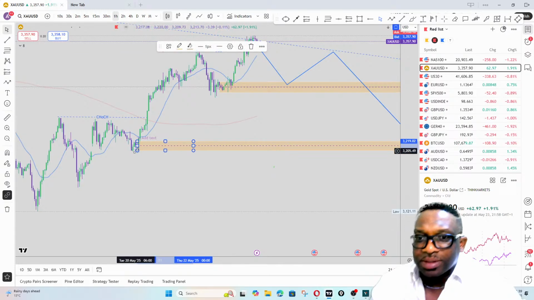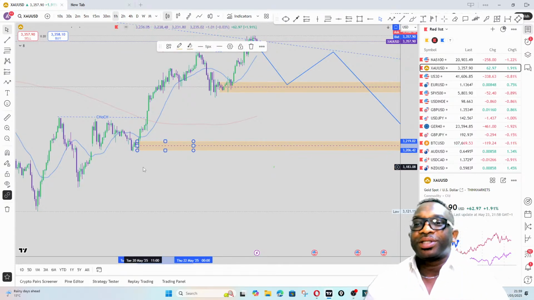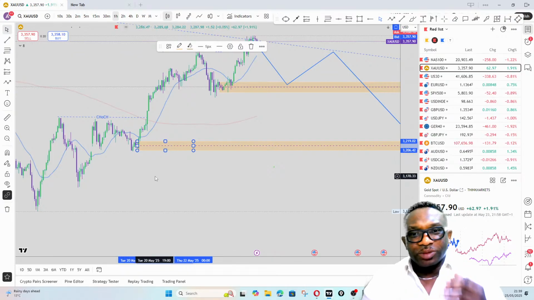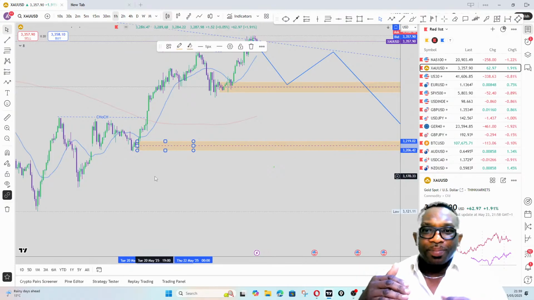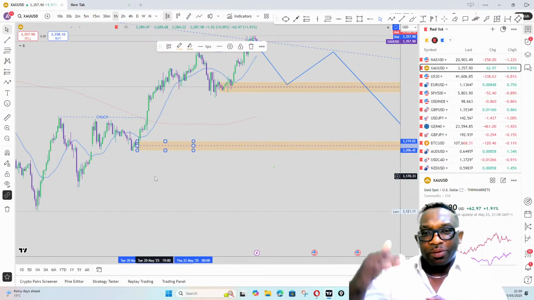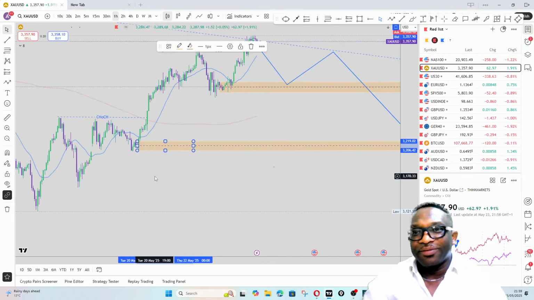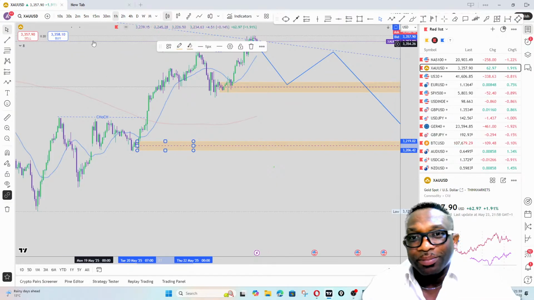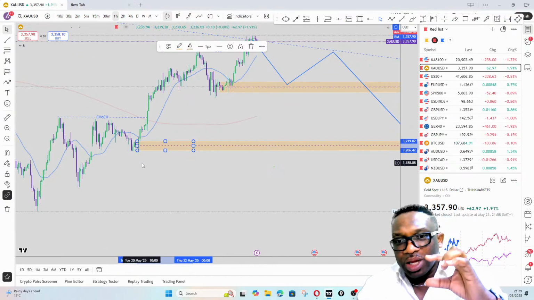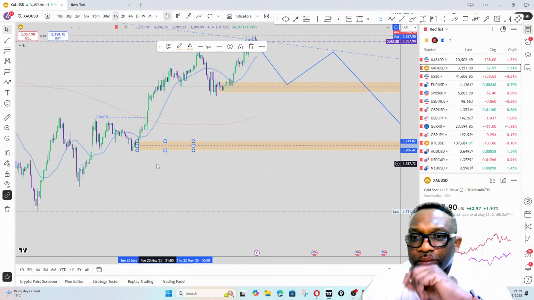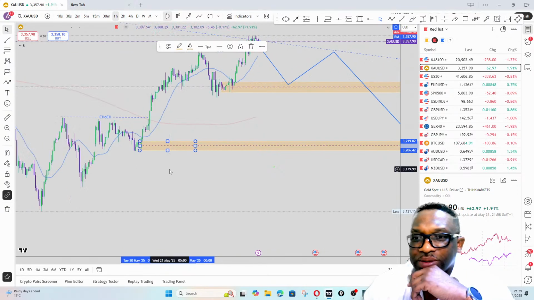Doing this will help you to get a precision entry, and thereby reduce your risk, because on the higher time frame, once you mark it, it gives you a wider area. But if you refine it to the smaller time frame, to the point of your entry time, trading time, you get a smaller risk reward.